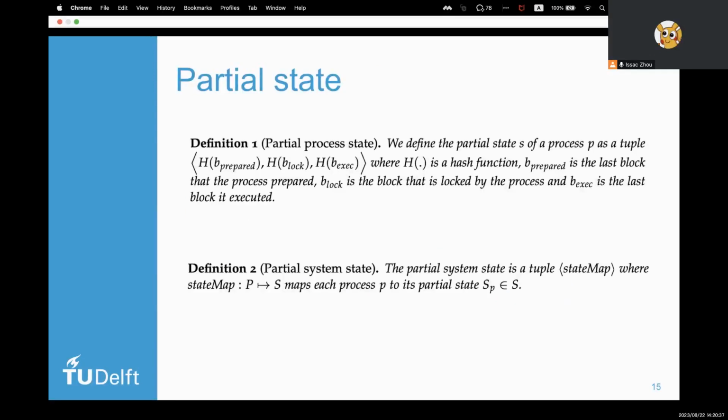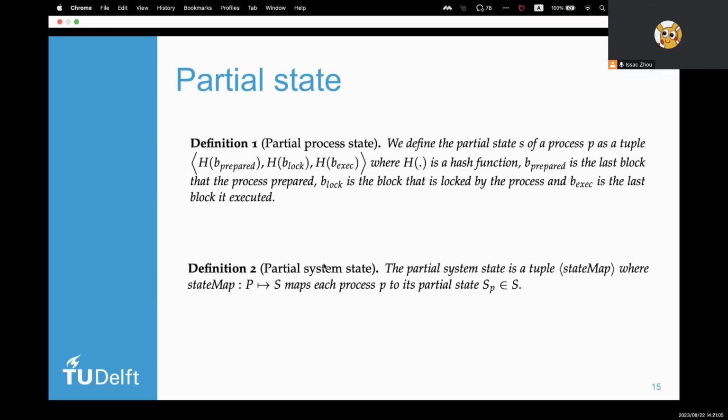So in order to apply these methods, we should first give our definitions of system states. For each partial process state, we believe that HotStuff's local variables, the prepared blocks, the locked blocks, and the executed blocks are important to store, especially the locked block to measure the liveness property.